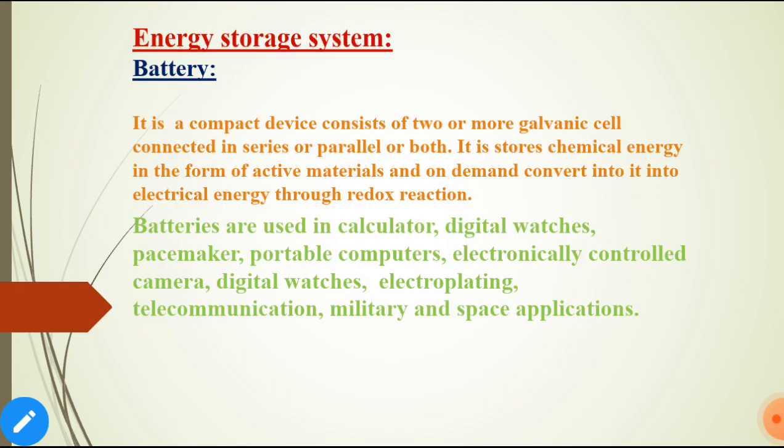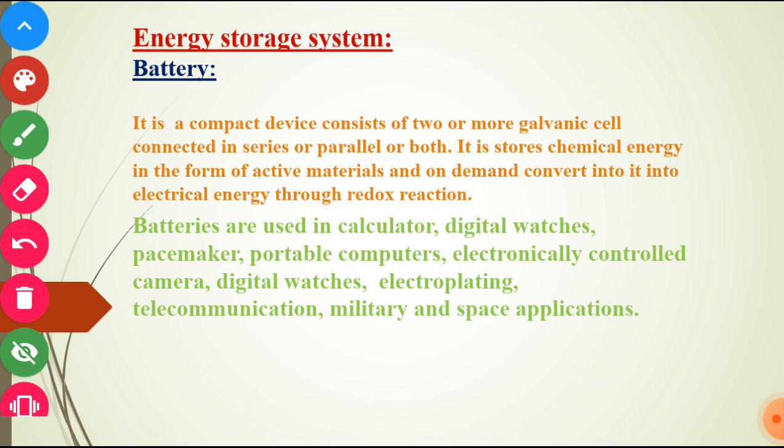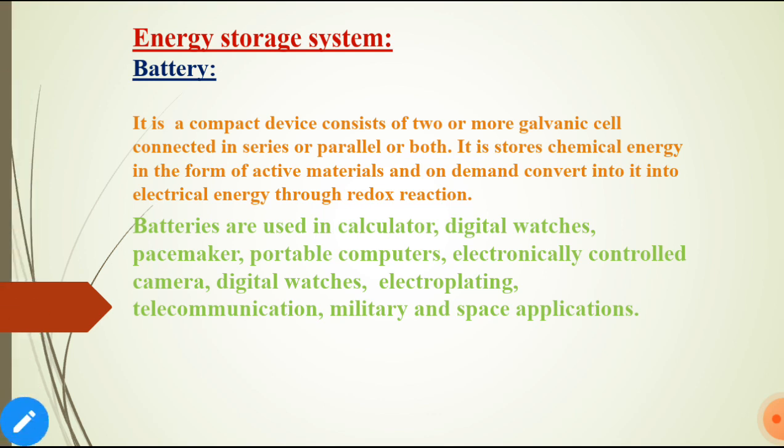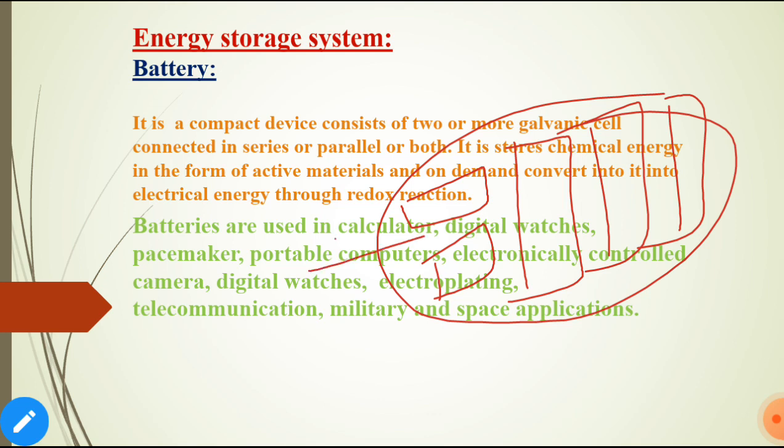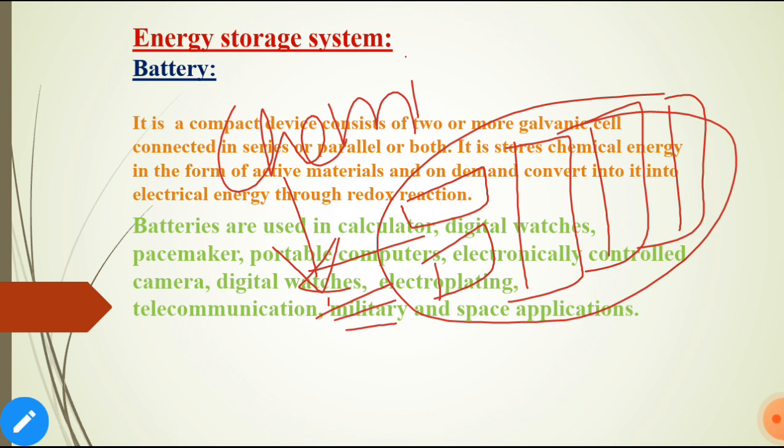What is a battery? It is a compact device consisting of two or more galvanic cells connected in series, in parallel, or in both. It stores chemical energy in the form of active material and, on demand, converts it into electrical energy through a redox reaction.